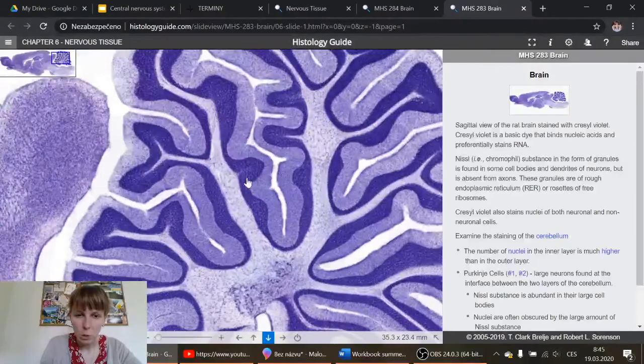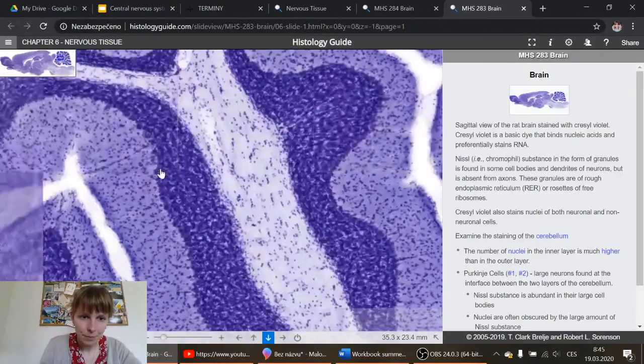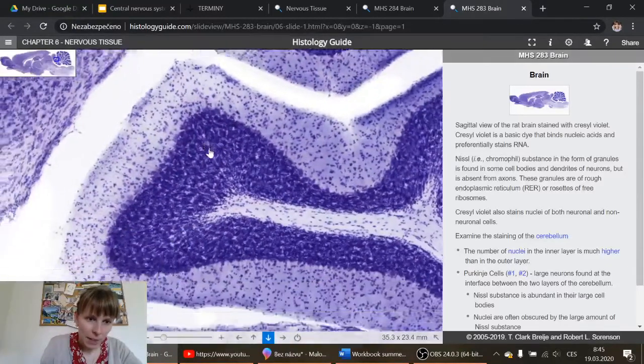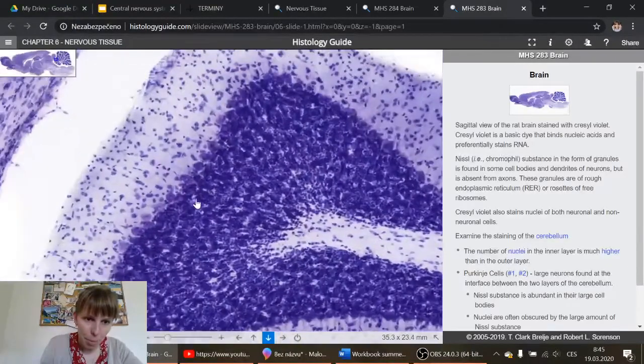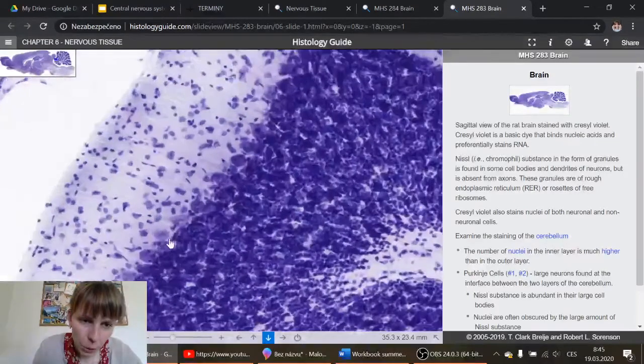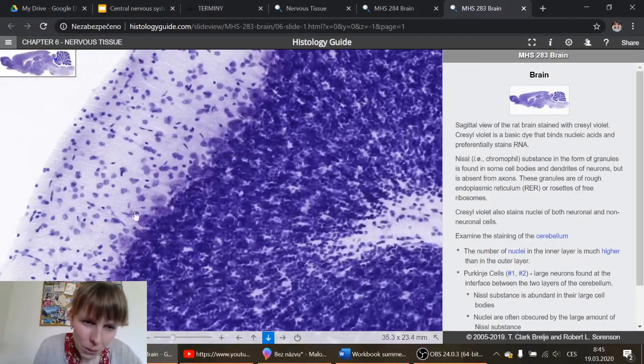So let's zoom in. This is the molecular layer of the cerebellar cortex. Here you see, not so beautifully, but they are there, the Purkinje cells sitting in a row. Very big cells, nucleus, cytoplasm with rough endoplasmic reticulum.